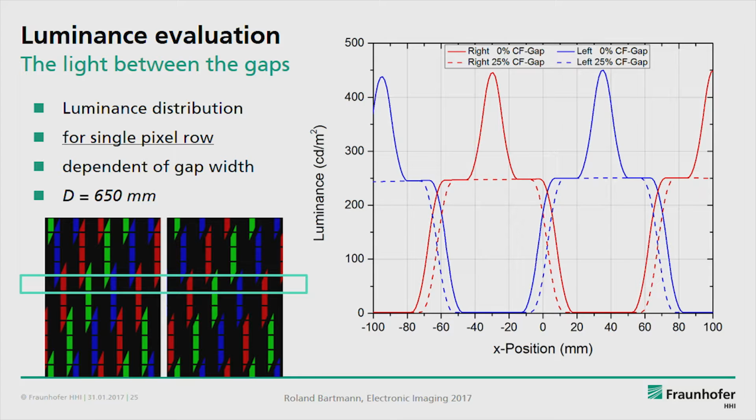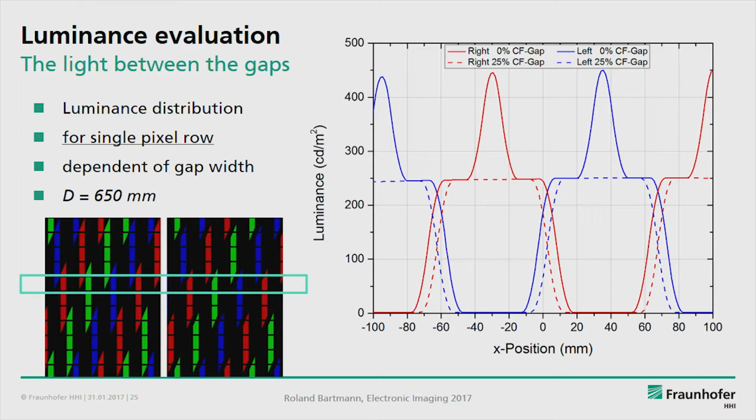If we look at luminance distribution in the observing zone, we can take a single row of this projected plane, and then we get these nasty peaks here for the no gap variant, and with the gap we have a homogenized luminance plateau.